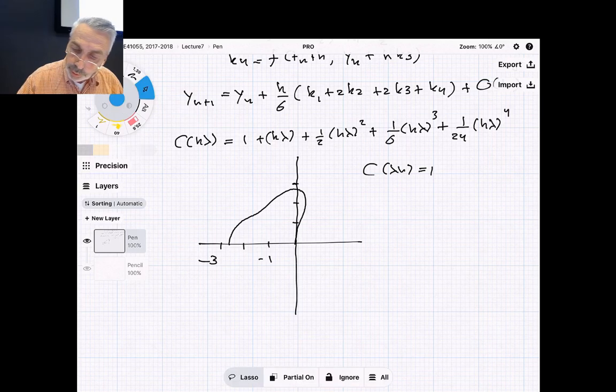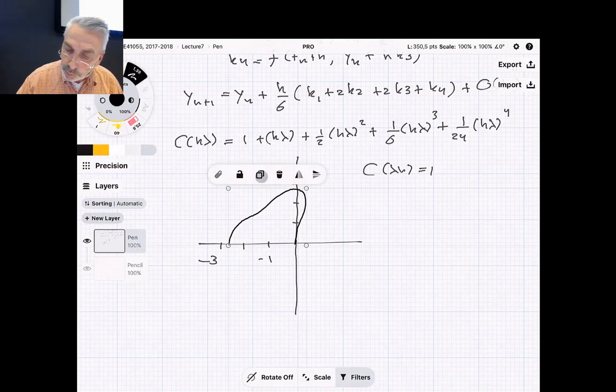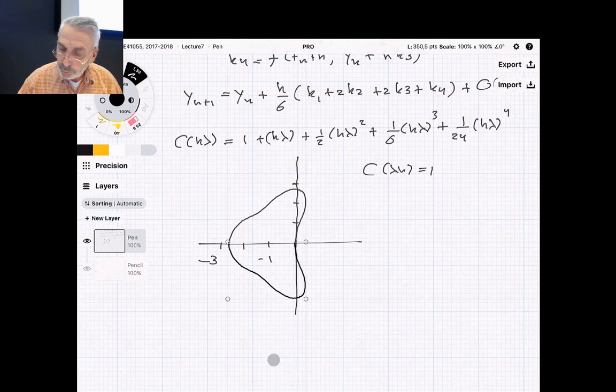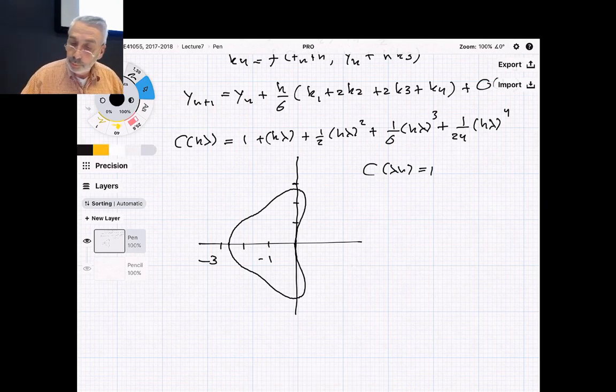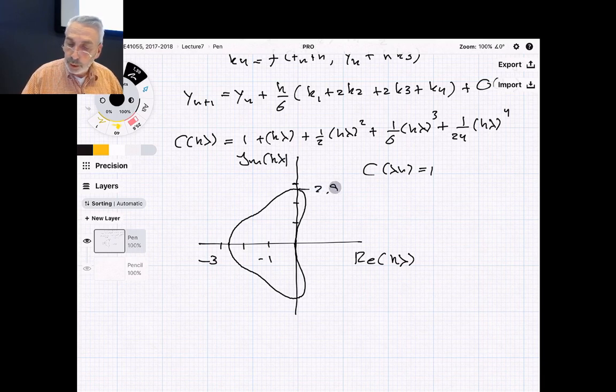And now I'm going to do a trick, otherwise it's not nice. So this is the stability boundary. So this is the real part of h lambda, and this is the imaginary part of h lambda. The value here is 2.8.